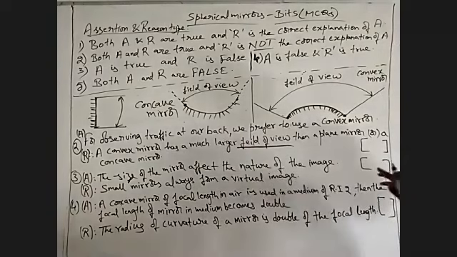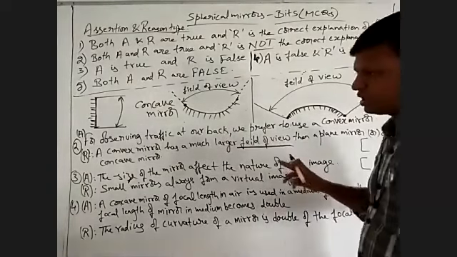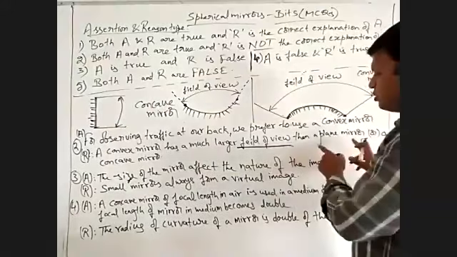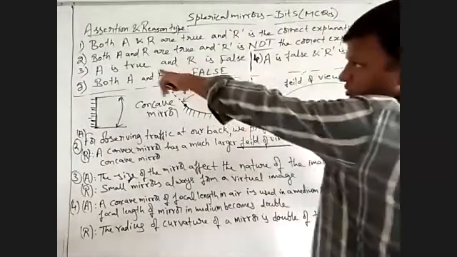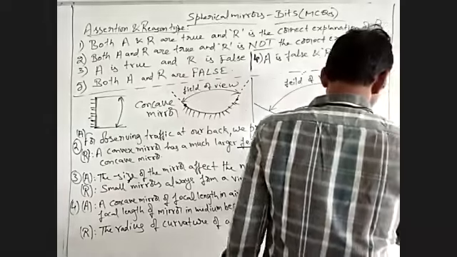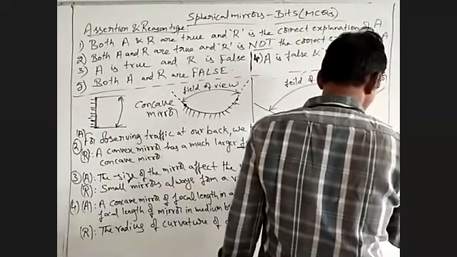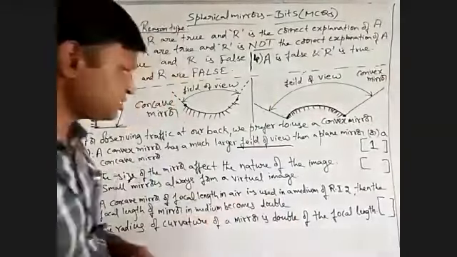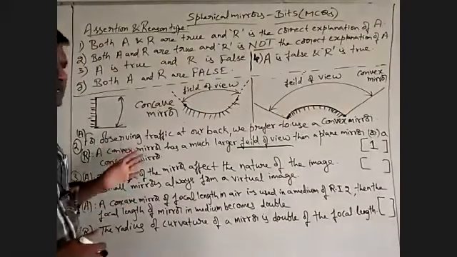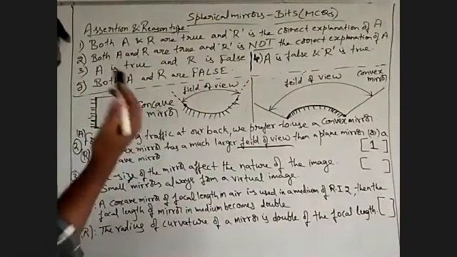Yes, both are correct. For observing traffic, we use a convex mirror, and it has a very large field of view. So we can go with the first one, option 1. That means both A and R are correct, and R is the correct explanation of A.